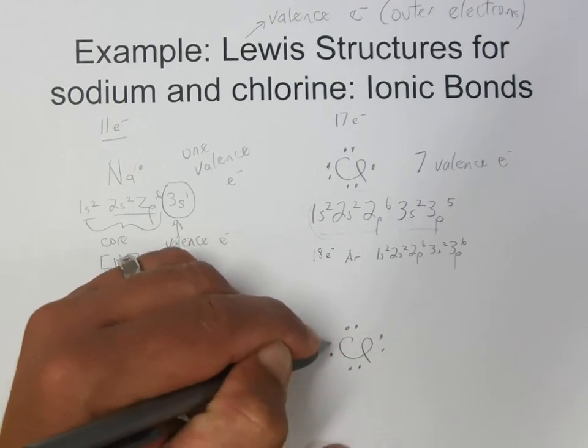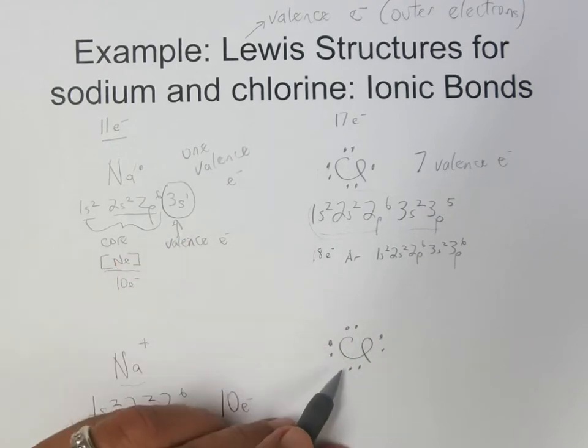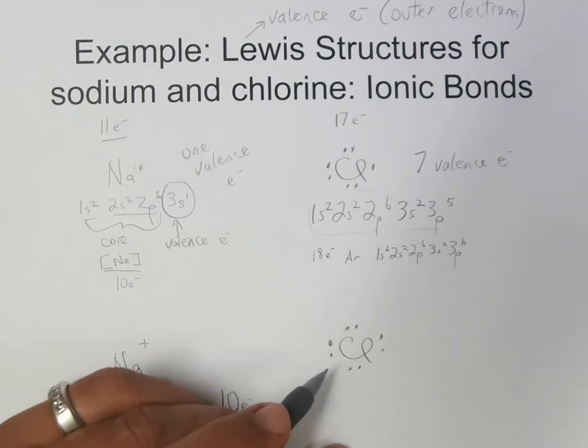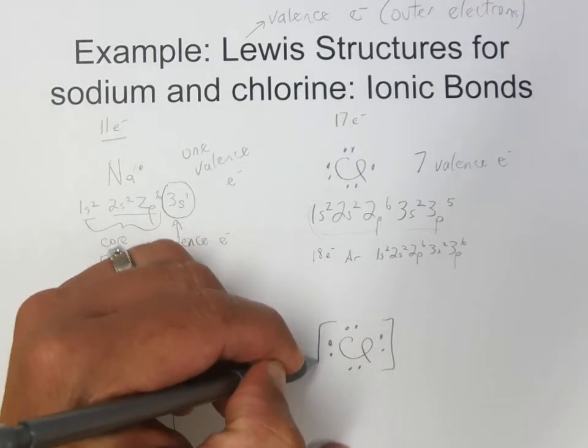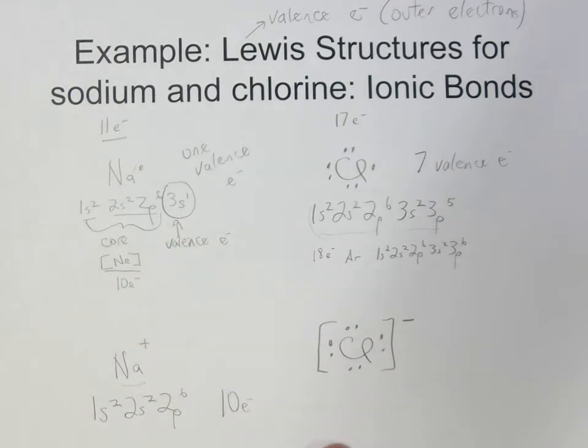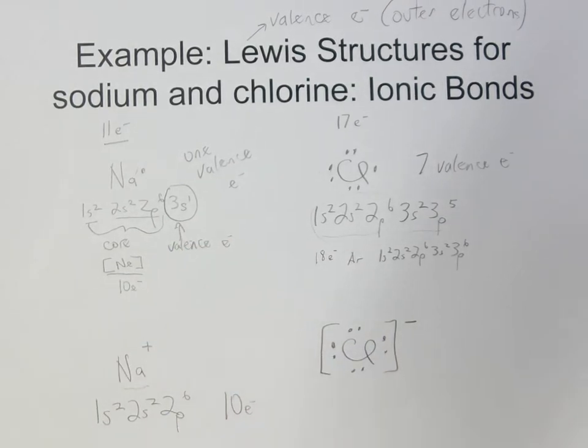Once chlorine forms chloride with a negative charge and 8 valence electrons, it's going to be more stable. So in nature, you don't have chlorine atoms running around, because 7 valence electrons is an unstable number. You have 8 valence electrons in the chloride.